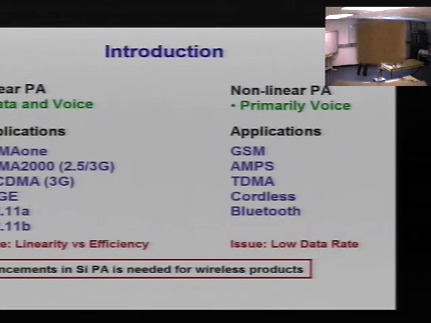Whereas in the linear PA, you do have to back off significantly, and a lot of these waveforms, such as CDMA, have peak to average ratios on the order of 5 dB or so. So you have a trade-off between linearity, large peak to average ratios, and the need for good efficiency. So it really makes it very difficult.